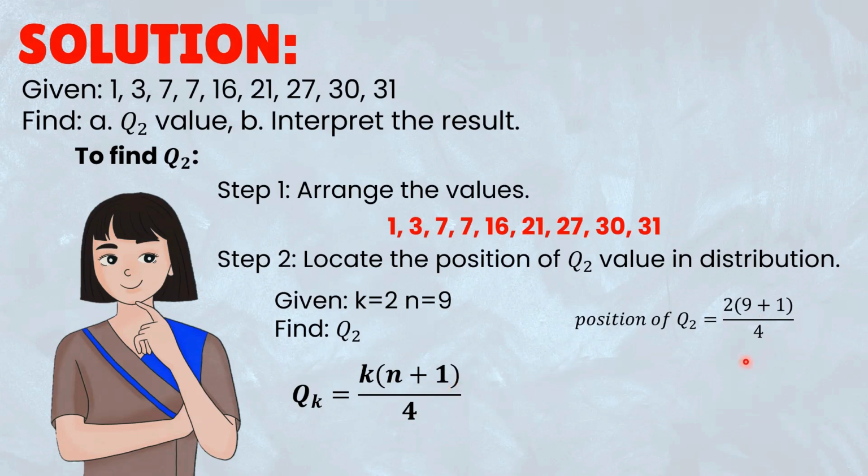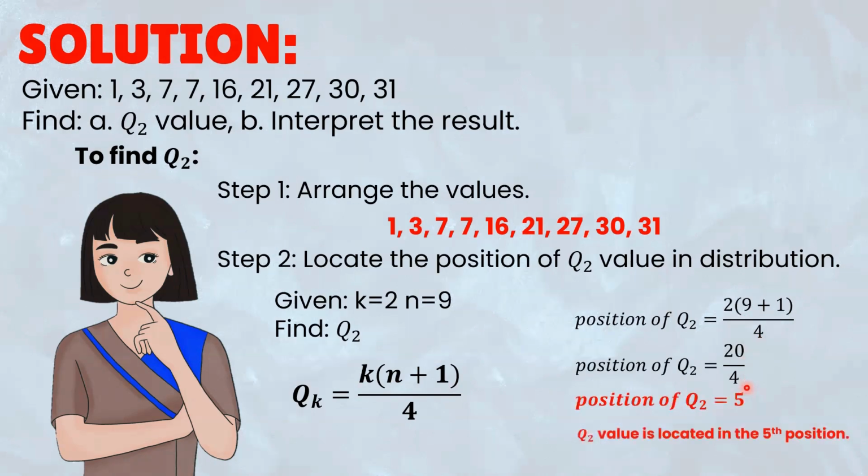So perform the operation. We have 9 plus 1, that gives us 10, times 2, 20 over 4. Then 20 divided by 4 gives us 5. So the Q2 value is located in the 5th position.